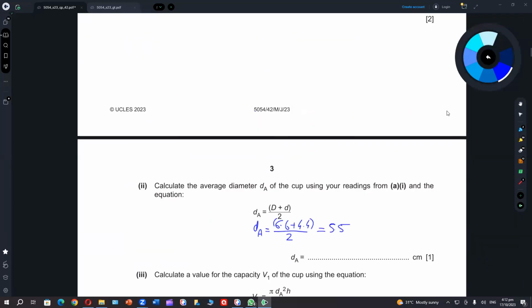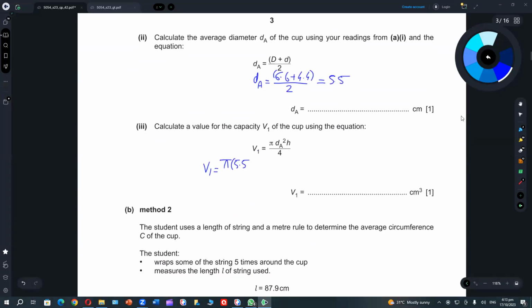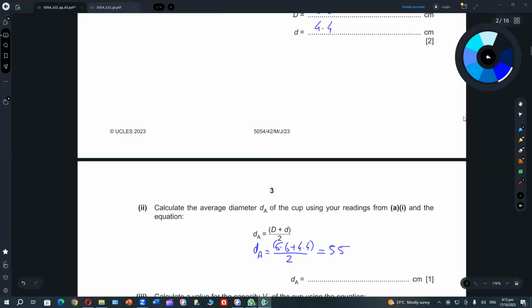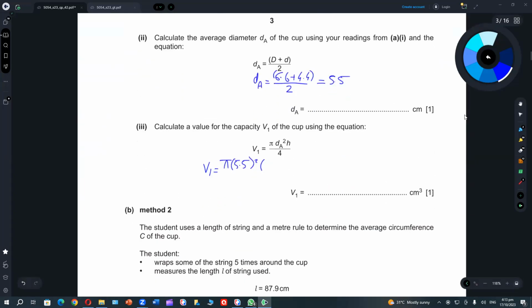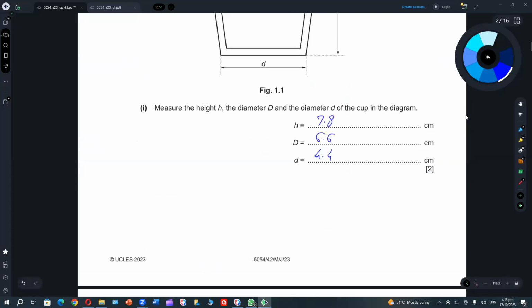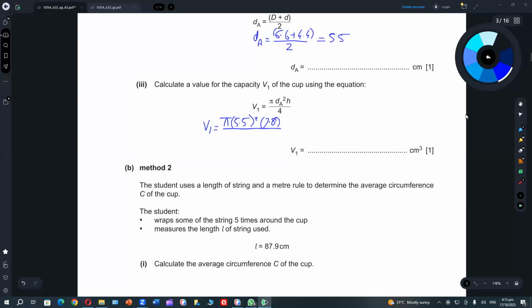Have you double checked these values? 7.8, 6.6, okay, good. I think the capital D is 6.5 in the marking scheme, but it doesn't matter. A slight difference is fine. Now we have gone through it.